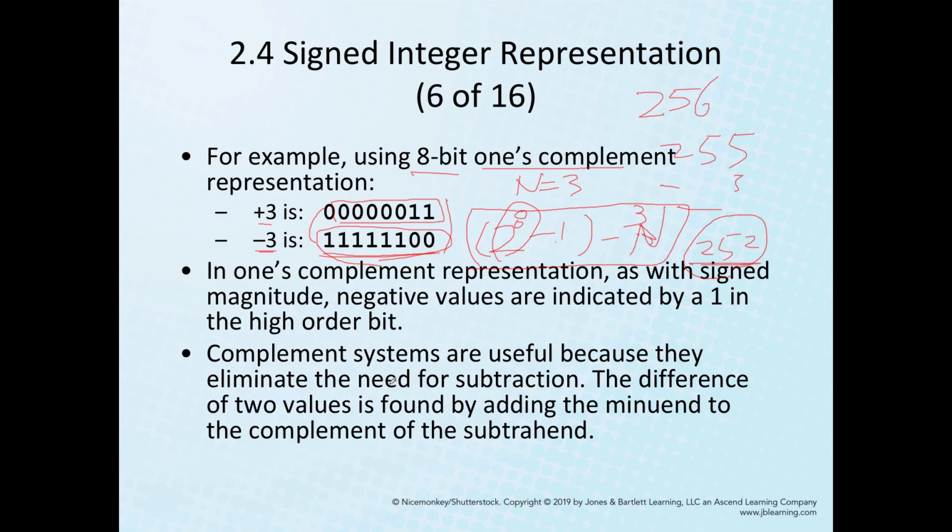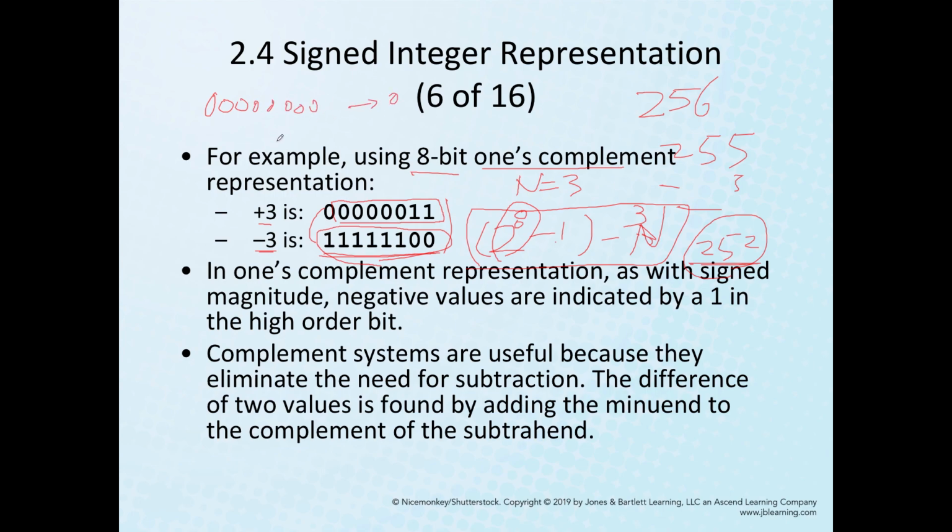This complement system is useful, but in computing systems we do not use ones complement. Actually, we use twos complement. That's in the next video lesson. One of the disadvantages of ones complement is, again, that you have 2 zeros. All zeros in 8 bits is 0, we know that.